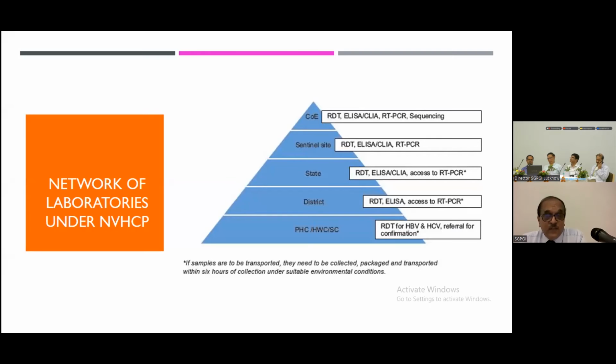But if you go at the bottom, the primary healthcare center, a rapid diagnostic test is available. If it comes out positive, then it can move to the other level, that is the district, for confirmation, which then has access to the RT-PCR test also. I'm just talking about hepatitis C. The same is true with hepatitis B also.